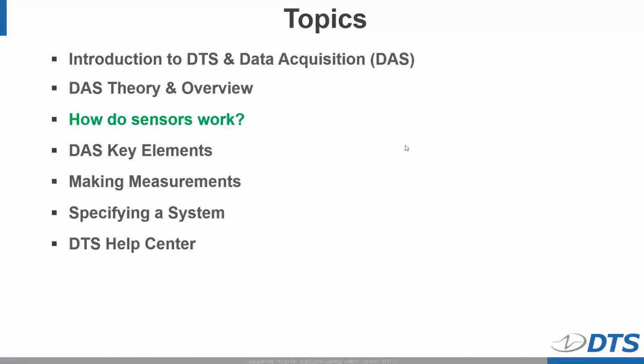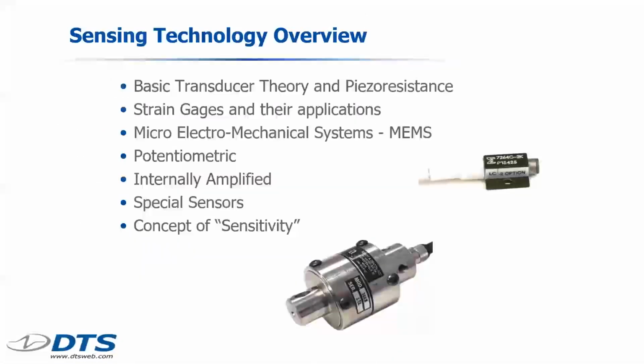Before we go any further with data acquisition system theory and key elements, we need to talk a little bit about how sensors work. It's very important that you understand the fundamental principles underlying the operation of common transducers. That theory includes the concept of piezo resistance.